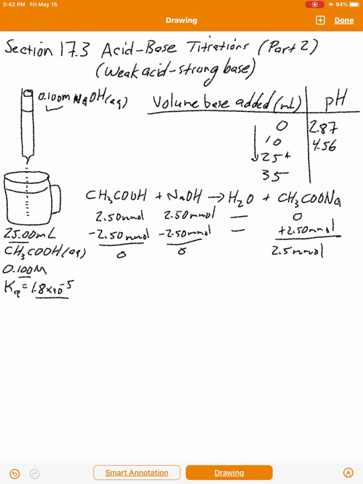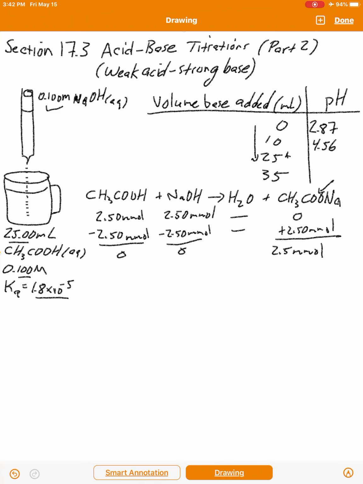So this is going to be a basic solution because this is a weak base. So at the equivalence point, this will be above pH 7. We just have to figure out what the pH of this weak base is. So this becomes a weak base problem. Now, calculating the pH of a weak base requires that we know the Kb, right?